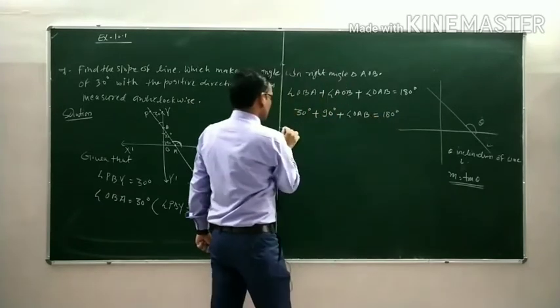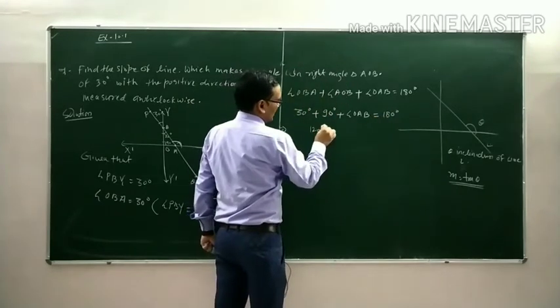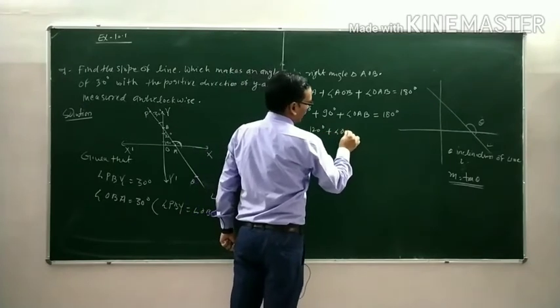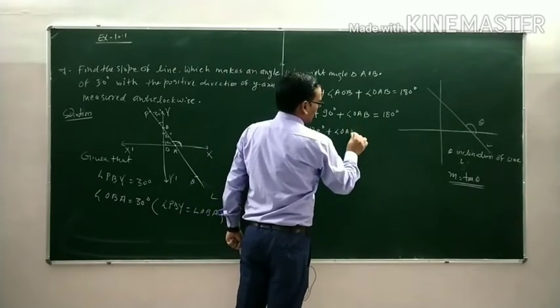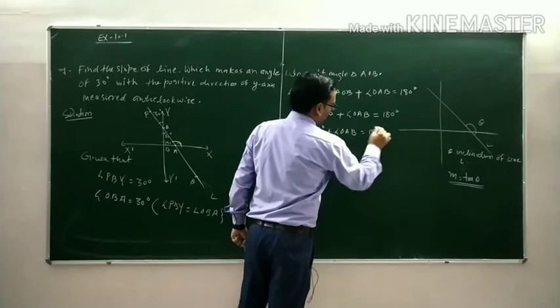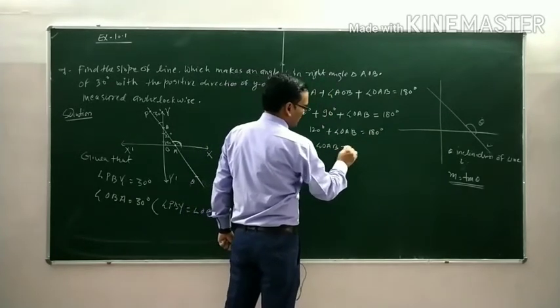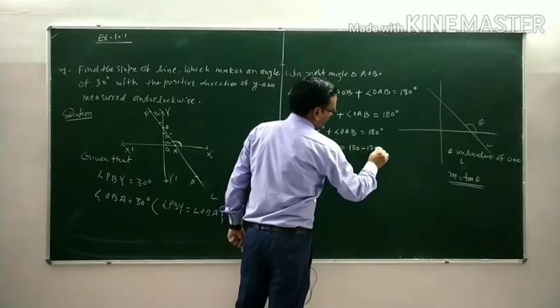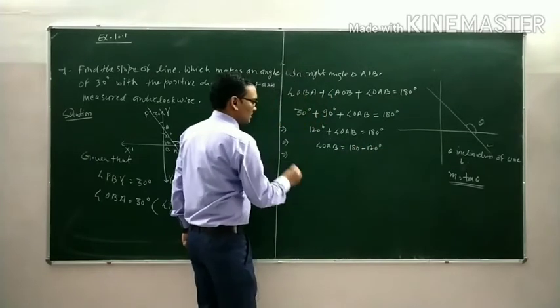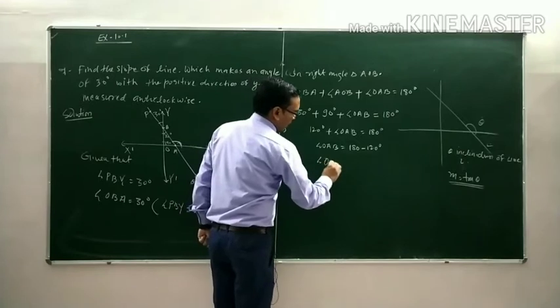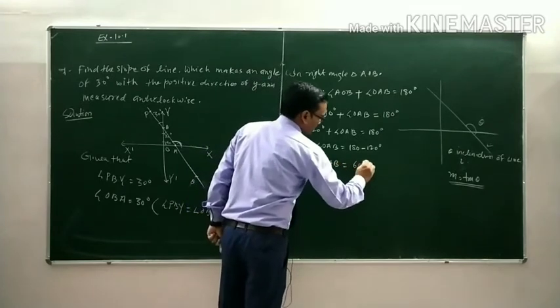This implies that 120 plus angle OAB is equal to 180. This implies that angle OAB equal to 180 minus 120, so angle OAB equal to 60 degree.